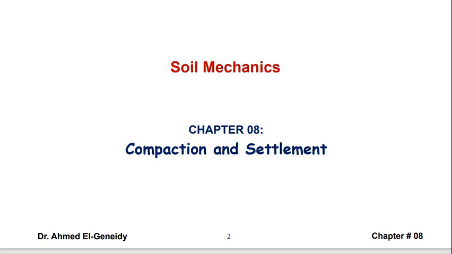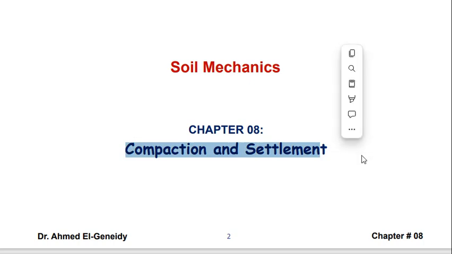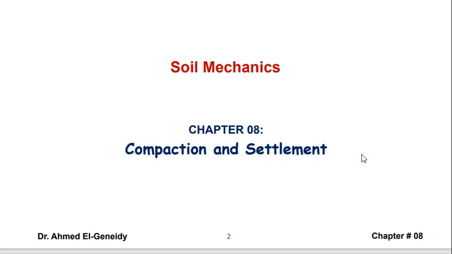This is what we are going to study in this lecture and in the next lecture. In this lecture, we are going to study something called compaction and settlement. Mainly, compaction and settlement happens immediately. Once I compact the soil, it settles immediately. But in chapter 9, we are going to study something called consolidation.